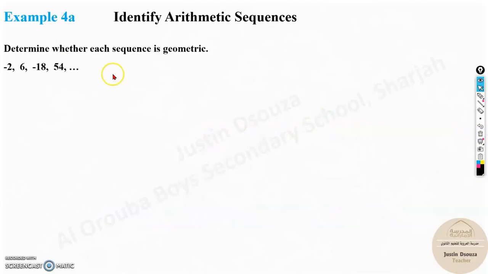Now let's see a problem over here. Determine whether each sequence is geometric. We had subtracted the second term minus the first term in the arithmetic sequences. Now, what do we do in geometric sequences? Again, I see another mistake, that is, this is geometric.